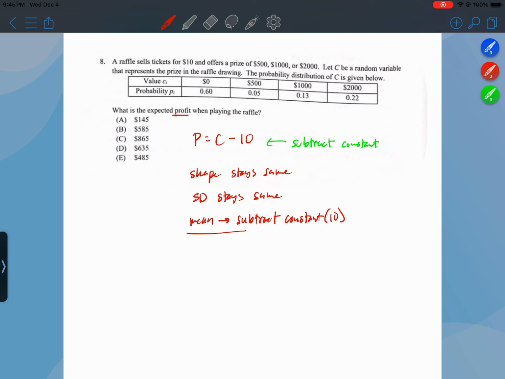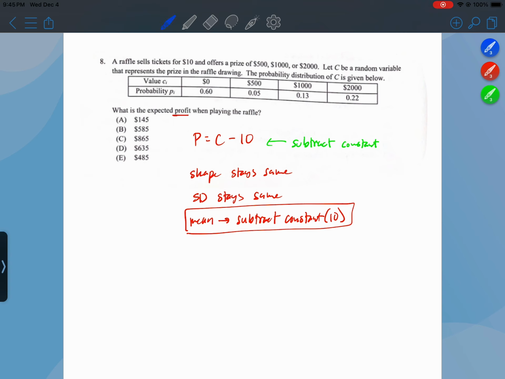Currently, we don't know what the old mean is, but we can find it rather quickly. I'm going to type the values into list 1 on my calculator. And you know what? I'll just do it by hand. It's not that hard to do.